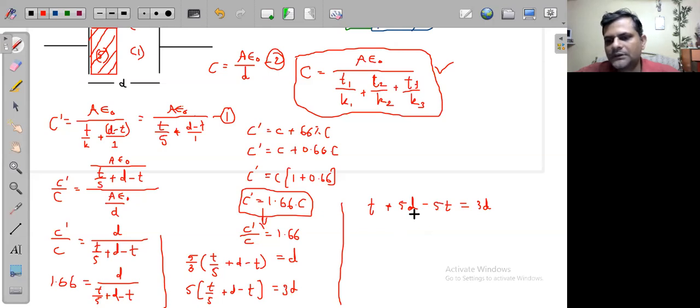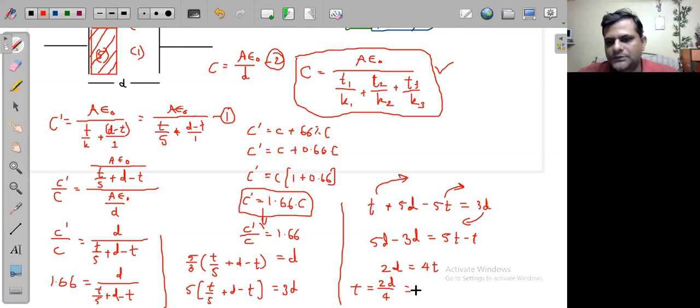So this 3D can be brought to this side, and this 5T and T can be shifted to that side, so that we get 5D minus 3D equal to 5T minus T, so that 2D becomes equal to 4T, and hence T becomes equal to 2D by 4, which is D by 2 actually.